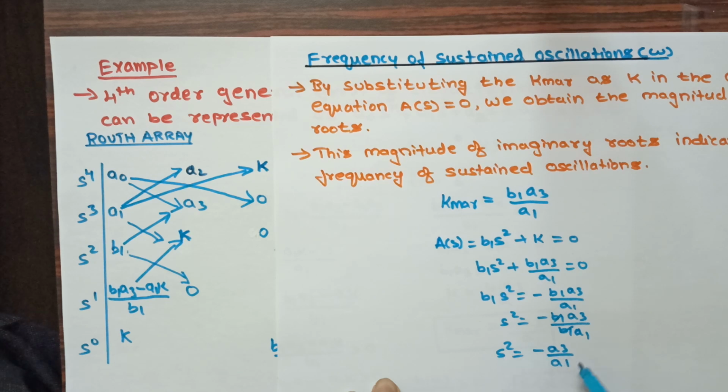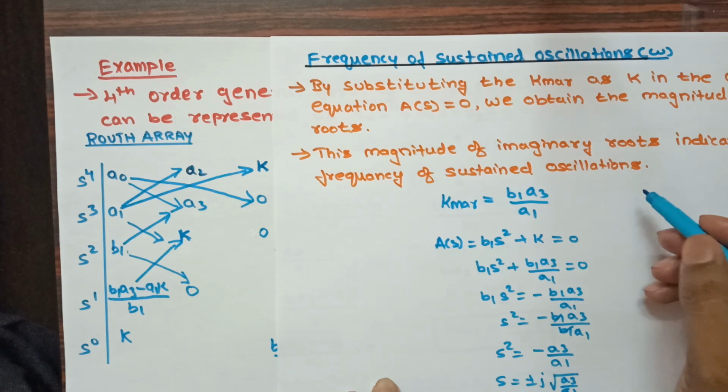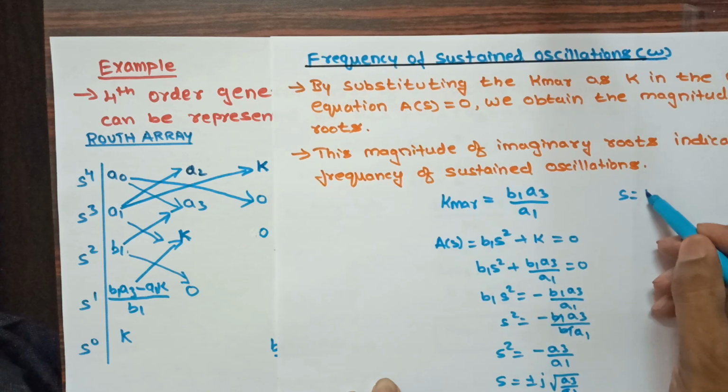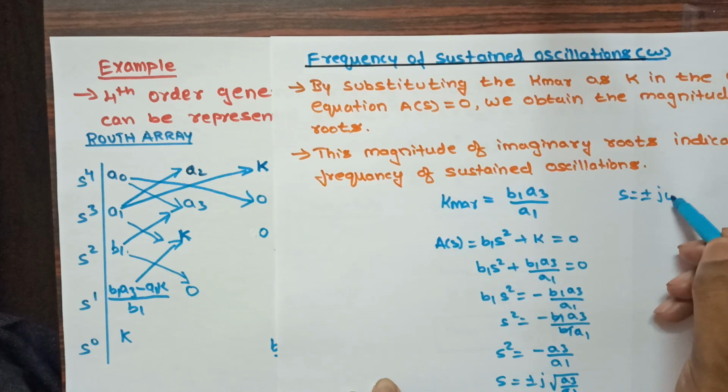So now we know that s is equivalent to plus or minus j root of a3 by a1. This is the value I am getting, and remember, for the frequency of sustained oscillation, s is equivalent to plus or minus j omega.